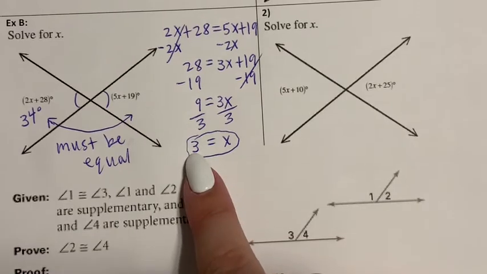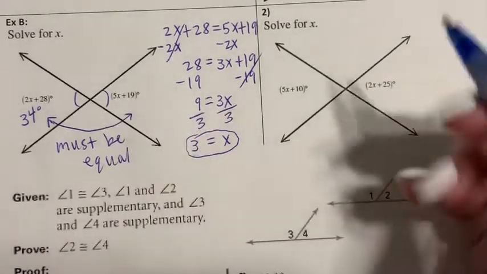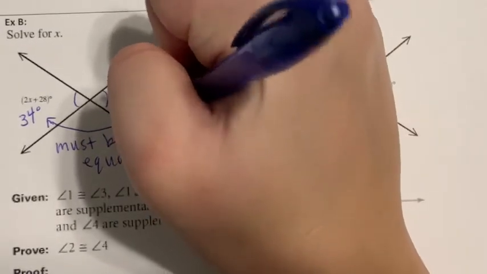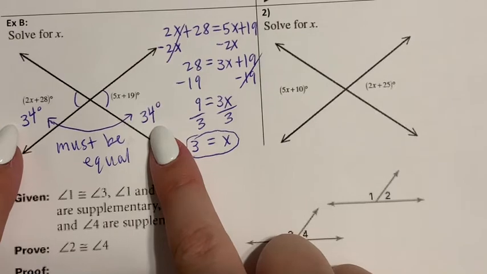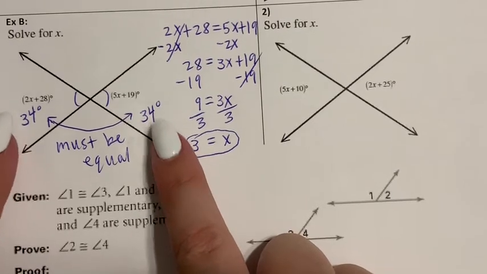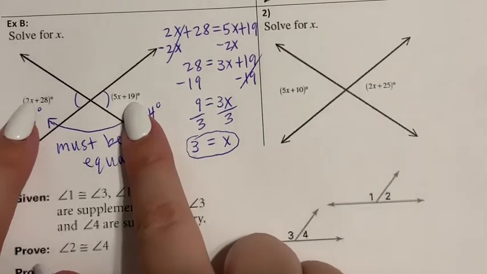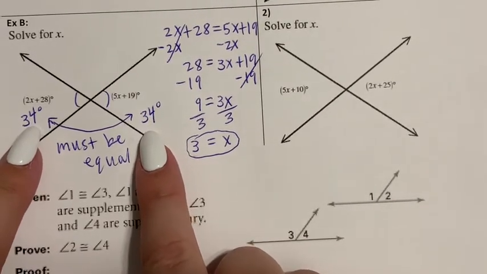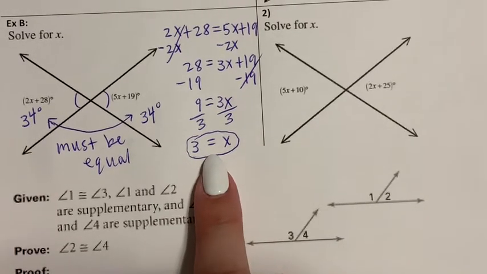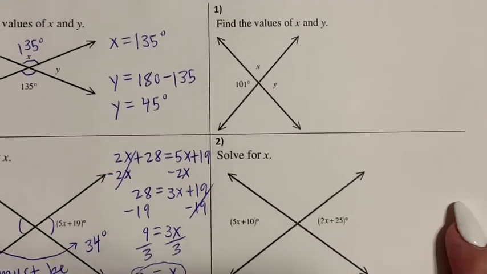So when I plug in 3, 5 times 3 is 15. 15 plus 19 gives me 34 degrees. So it worked out that these two have the same angle measure, which has to be true if they are vertical angles. So if for some reason you get an X value and you plug it back into your two expressions and you don't get the same angle measure, that means that you found the wrong X value.